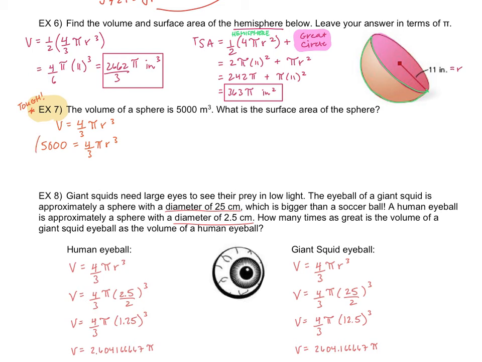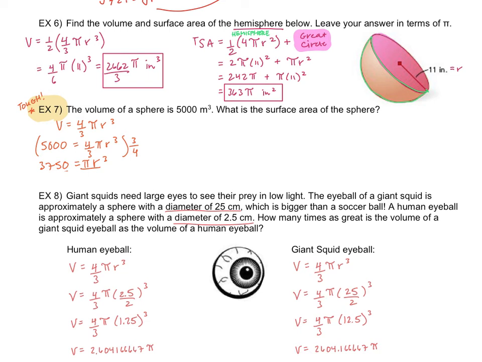So I'm going to put parentheses around this and multiply both sides by 3/4 to cancel that out. I take 5,000, multiply it by 3, divide it by 4. I actually get a whole number. I get 3,750. So that equals pi r cubed.